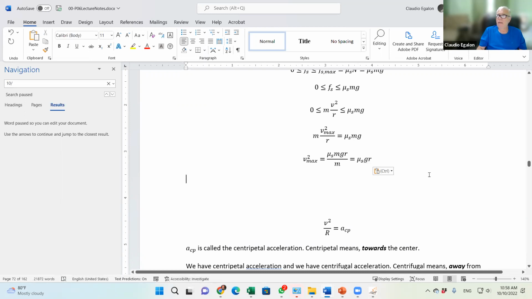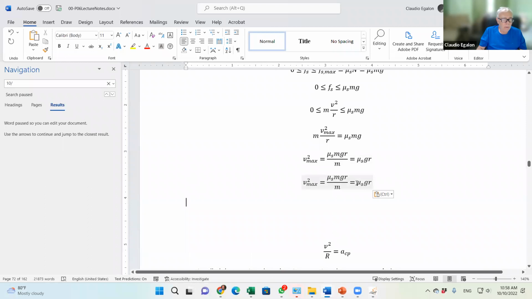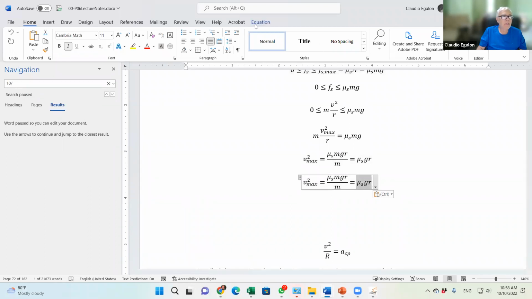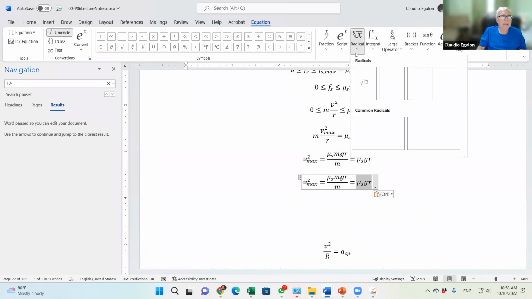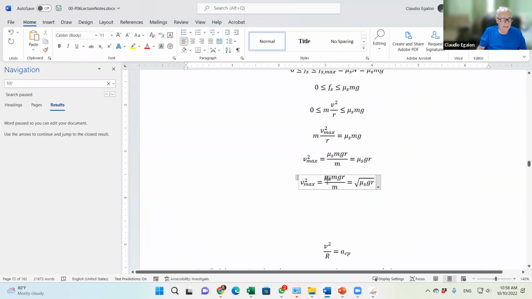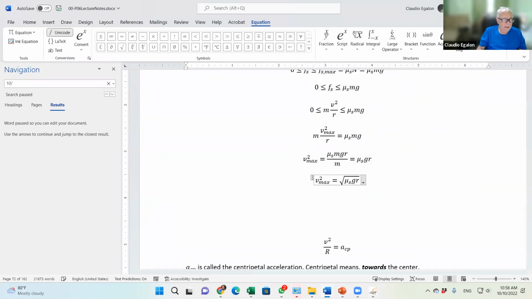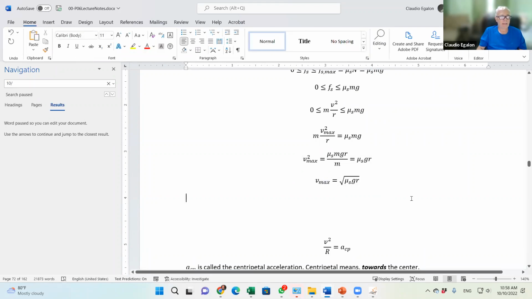It doesn't matter if it's a very light Honda Civic or a very heavy truck. Your maximum speed, the one you will be able to safely negotiate those freeway exits, that are usually very tight, is going to be given by that value.